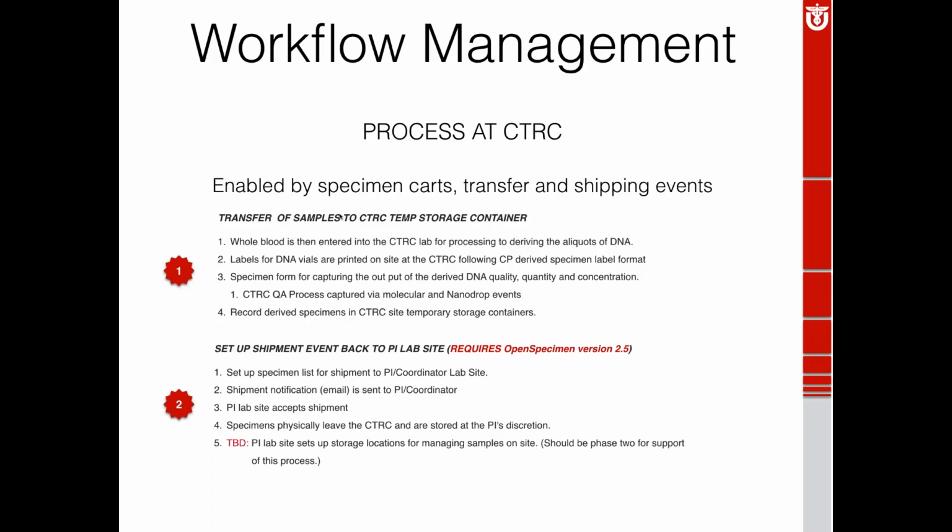We can also use the shipping event to the CTRC. That happens fairly autonomously, so that the PI or the runner or the coordinator can drop off the samples. We'll have a print record from the export of just the CSV export of the transfer event or the shipping cart.